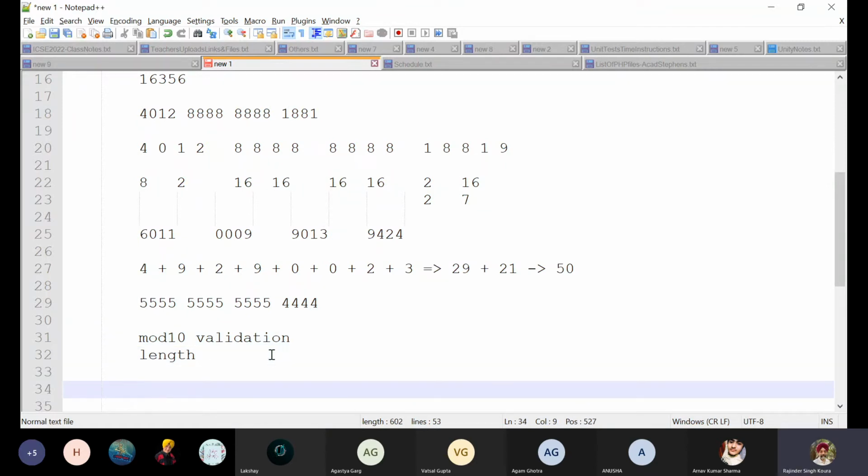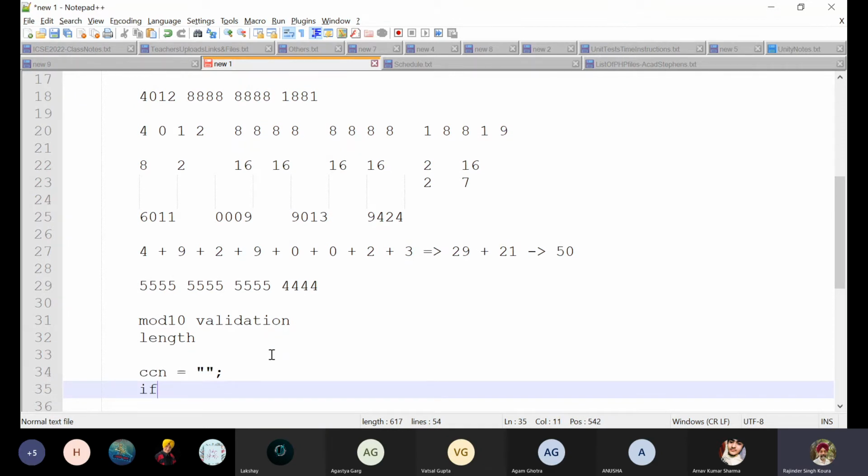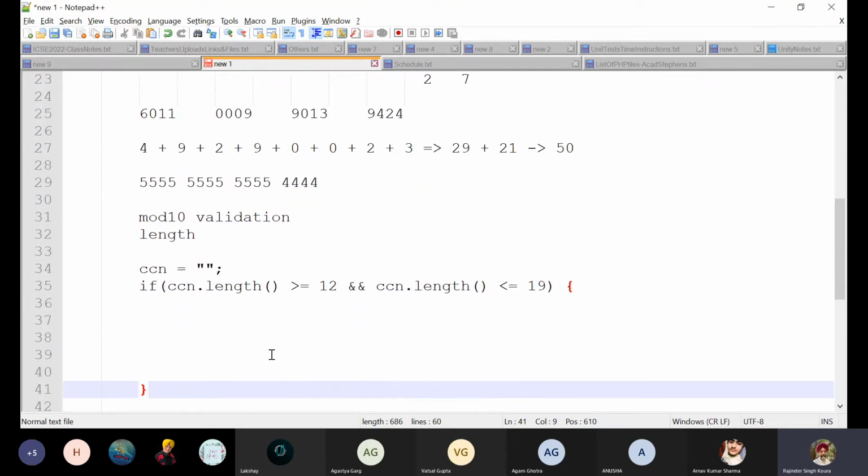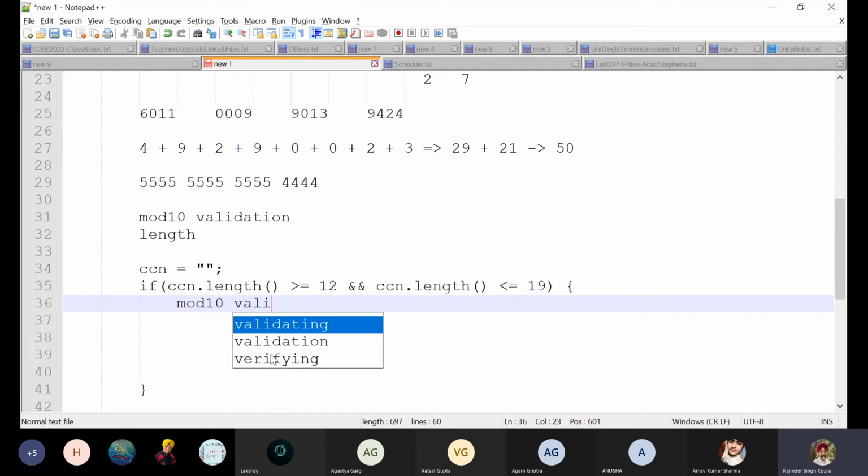Suppose CCN is the credit card number and you say if CCN.length is greater than or equal to 12 and CCN.length is less than or equal to 19, that means the length is fine. I now need to check. So here you will do the mod 10 validation. This algorithm is called the mod 10 algorithm.